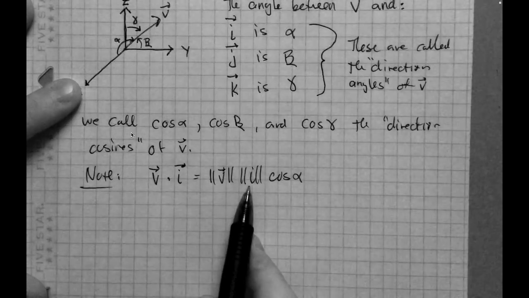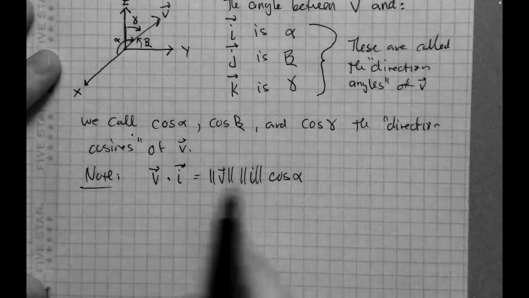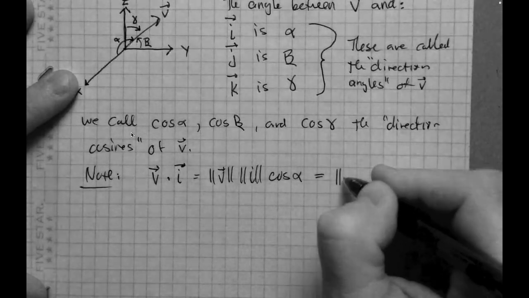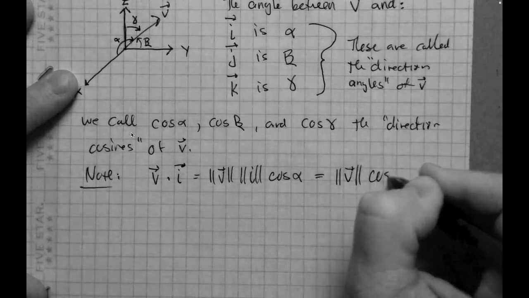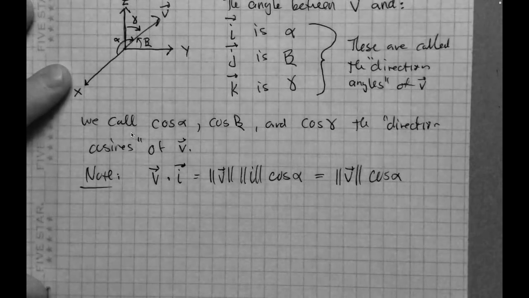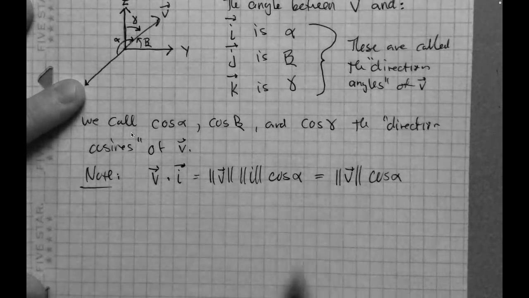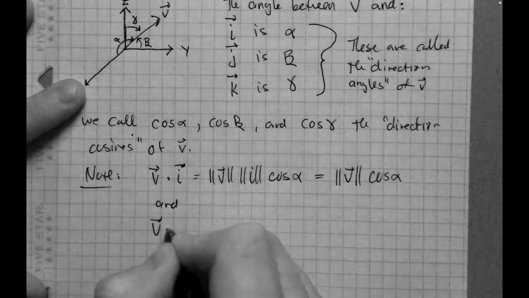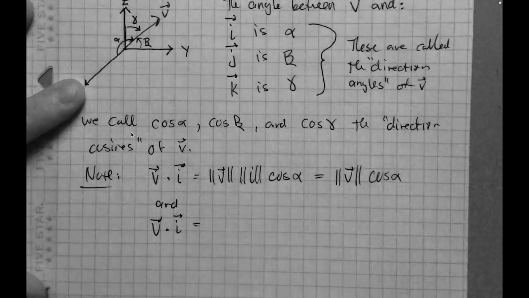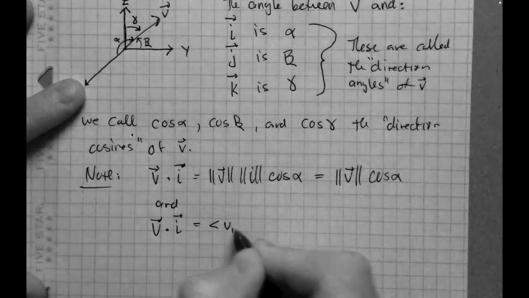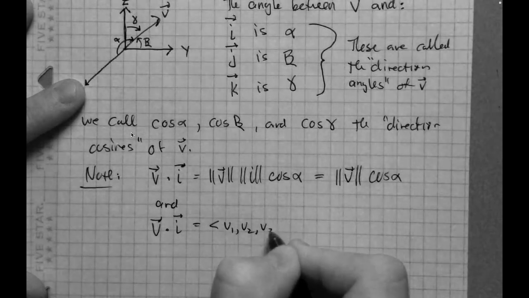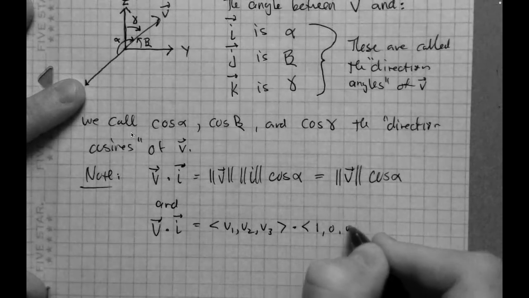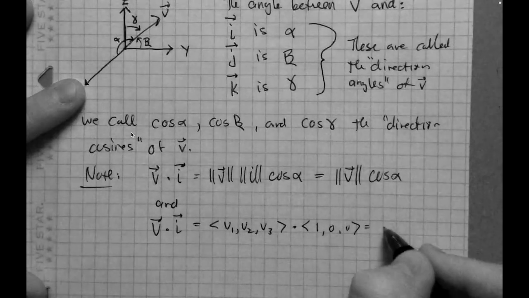The norm of i is 1, since it's a unit vector, so this is always equal to the norm of v times cosine of alpha. Notice also that v dot i is just v1, v2, v3 dotted against 1, 0, 0. So it's just v1.